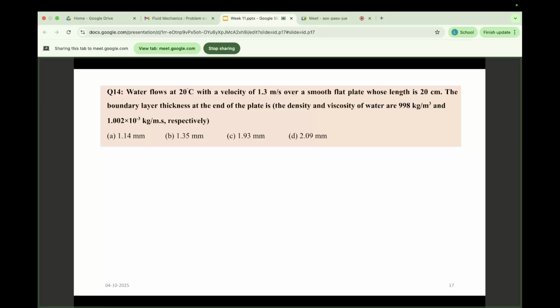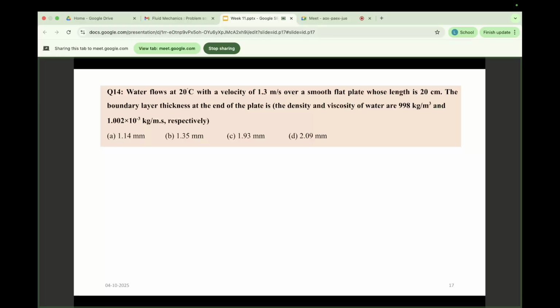So you need to find the boundary layer thickness at the end of the plate. Density and viscosity of the water are given. So the thing is that, as you have to find this boundary layer thickness, you do not know which boundary layer formula to use, because it is either laminar flow or turbulent flow.